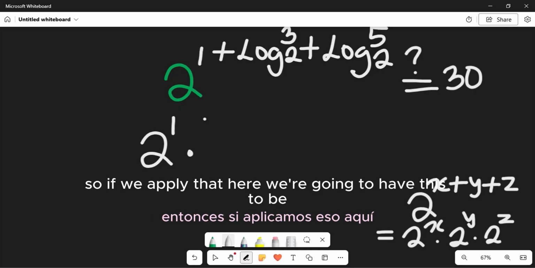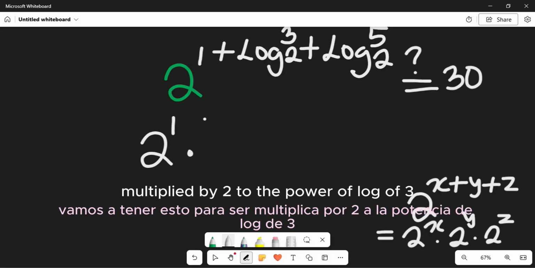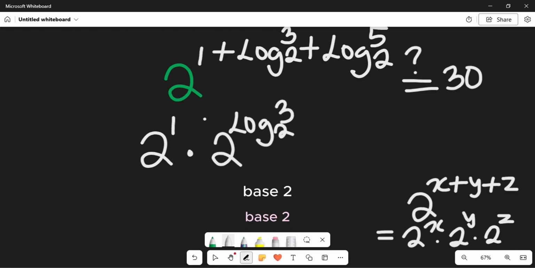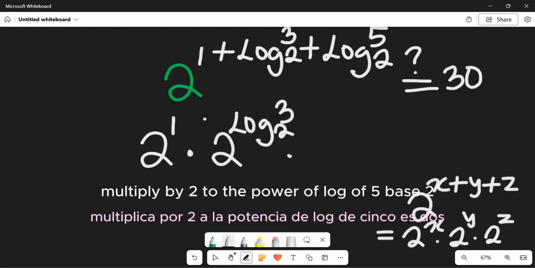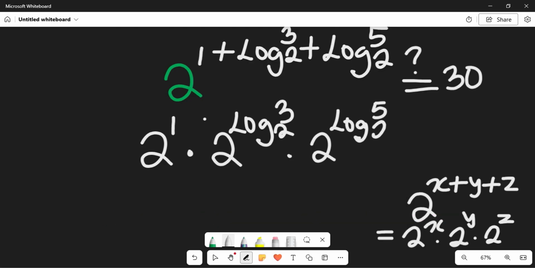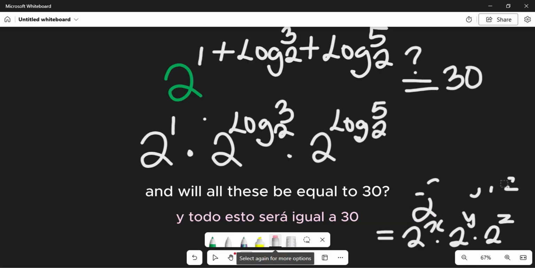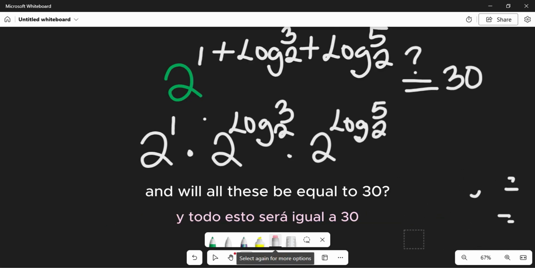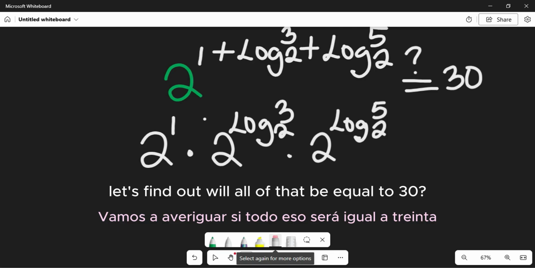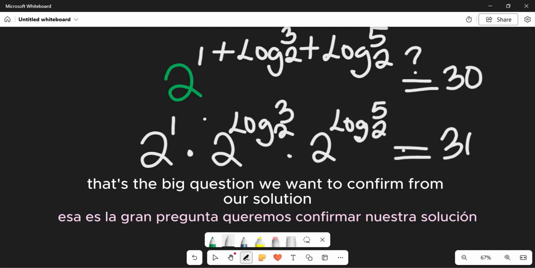So if we apply that here, we're going to have this multiplied by 2 to the power of log of 3 base 2 multiplied by 2 to the power of log of 5 base 2. And will all these be equal to 30? Let's find out. That's the big question. We want to confirm our solution.